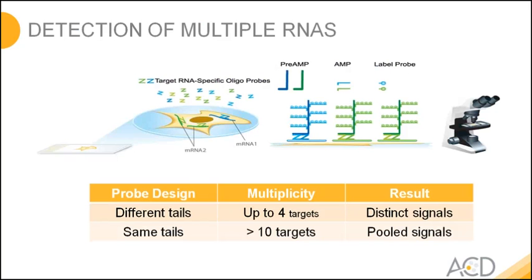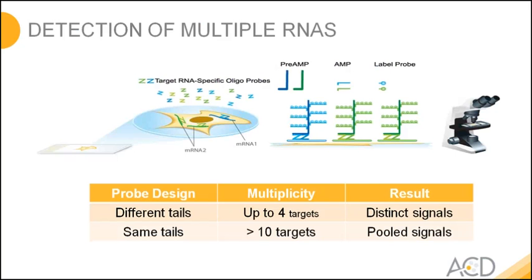We not only have created a single Christmas tree to be used for signal amplification, but we have created different ones with different and independent sequences. This is shown here, that you can use them in parallel and come up with a duplex or multiplex assay.